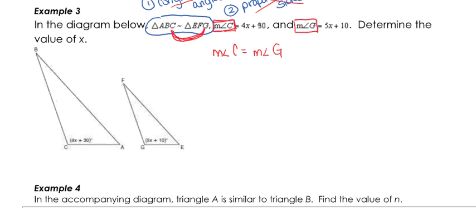But I'm also told in the problem and in the picture that the measure of angle C is 4x plus 30, and the measure of angle G is 5x plus 10. So I now want to write an equation that says that 4x plus 30 is equal to 5x plus 10.